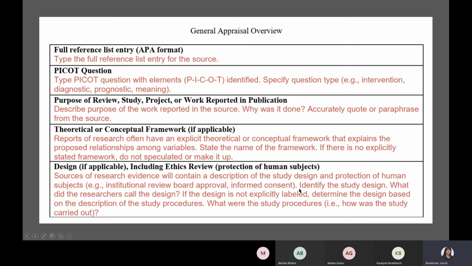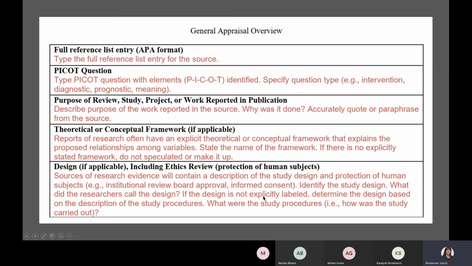But in any case, in addition to identifying the study design, you want to describe how they did it. You know, did they divide subjects into two groups and then give a treatment to one group and not to the other, and then compare outcomes on the two groups? So those things will all inform your decision about what type of design the study was.